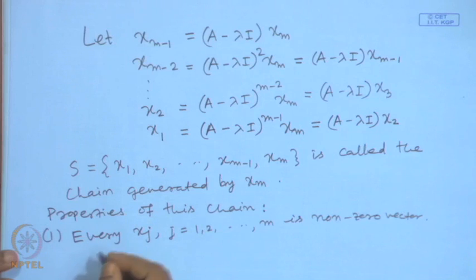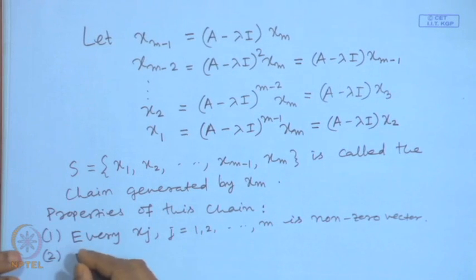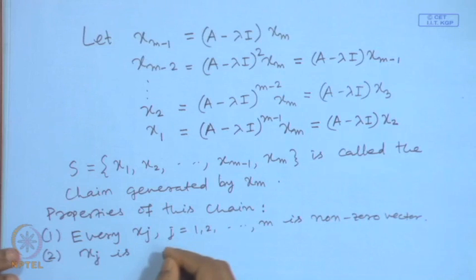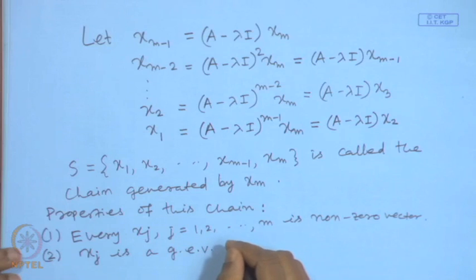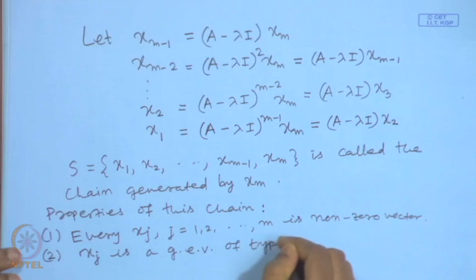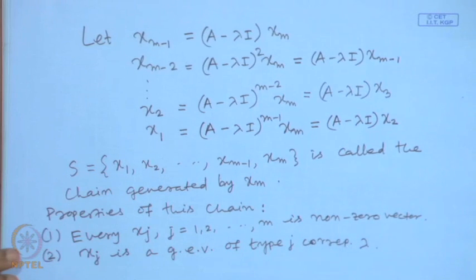The second property is that every x j is a generalized eigenvector of type j of the matrix A corresponding to lambda.